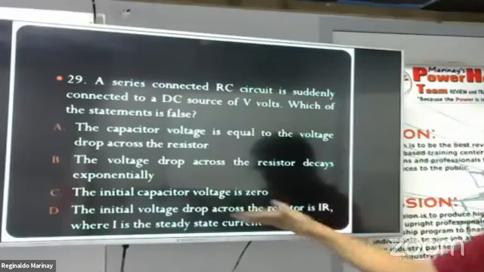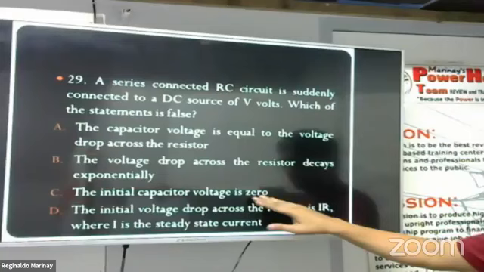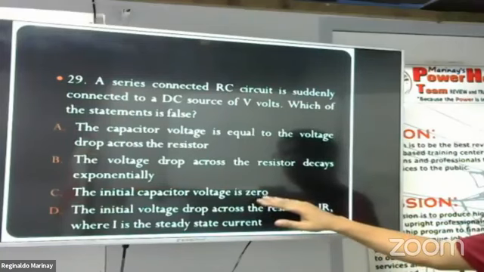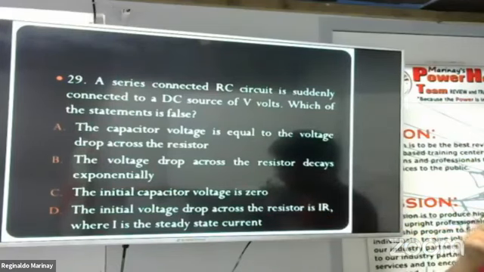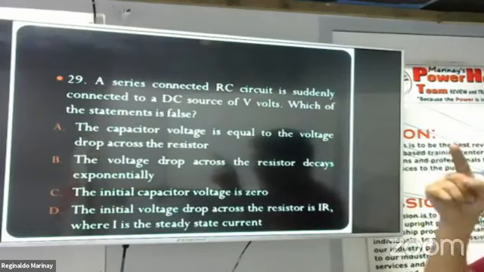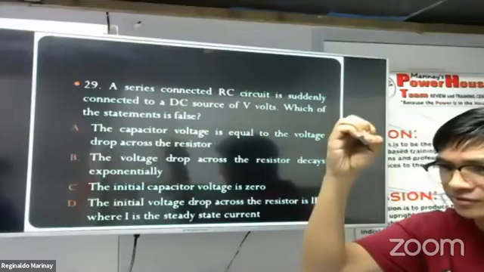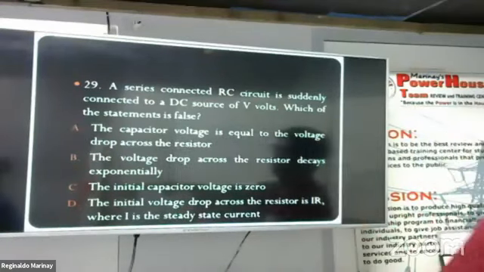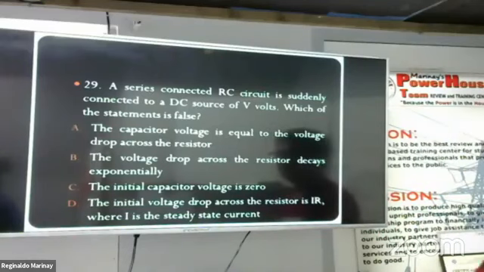The initial capacitor voltage is 0. Why 0? Because suddenly connected means upon switching, the capacitor is shorted. What is the voltage at short circuit? 0. Remember that. The short circuit voltage is 0. You shorted the two terminals.